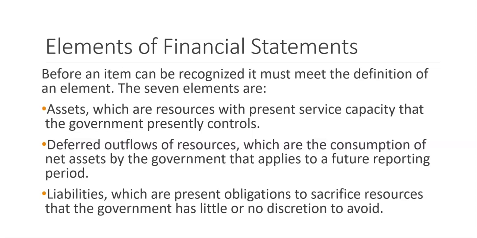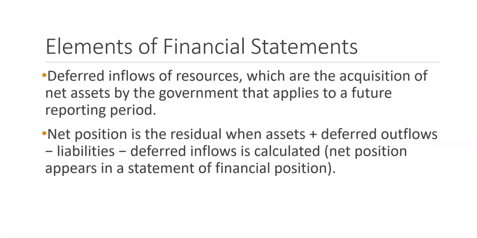This is the consumption of net assets that applies to a future reporting period. Then the liabilities, so our obligations to pay or sacrifice resources. Deferred inflows of resources, so this is things that we plan to purchase in a future reporting period. And then our net position.